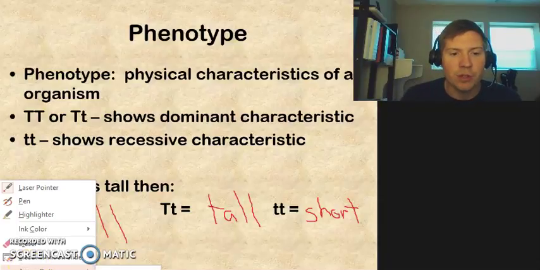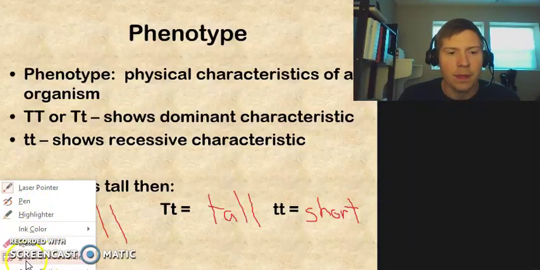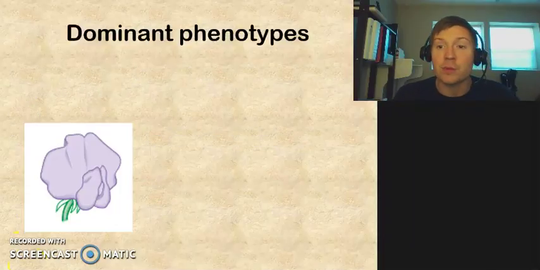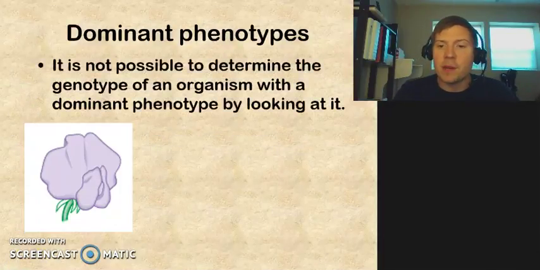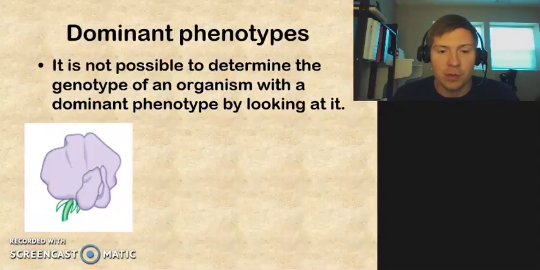Alright, so make sure you understand how to get those, and we'll move on. Alright, so dominant phenotypes. It is not possible to determine the genotype of an organism with a dominant phenotype just by looking at it. So in this example, now we're going to change up traits a little bit.